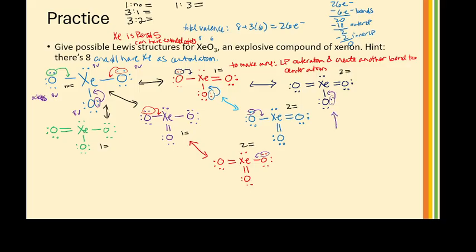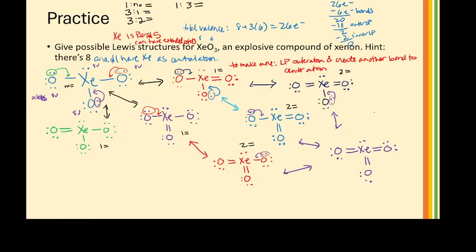Either way, I would get one with 3 double bonds. So I now have 8 structures.